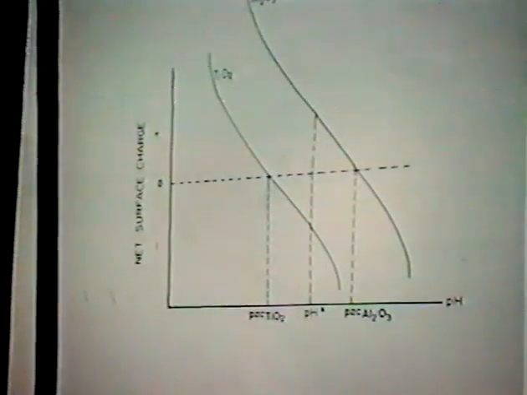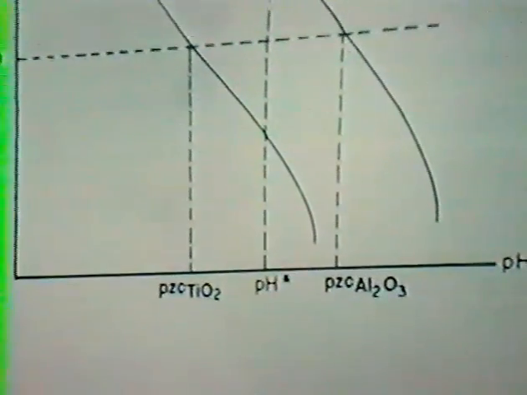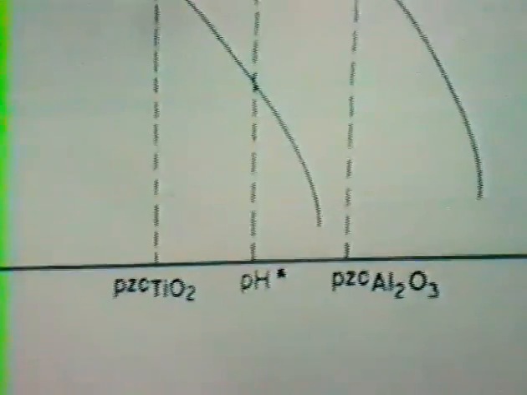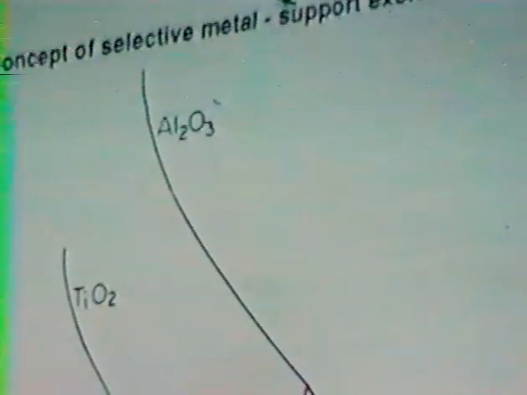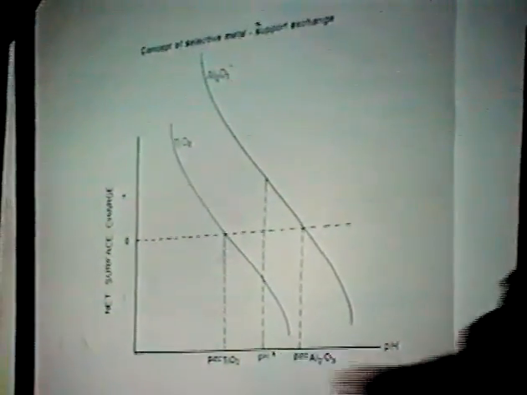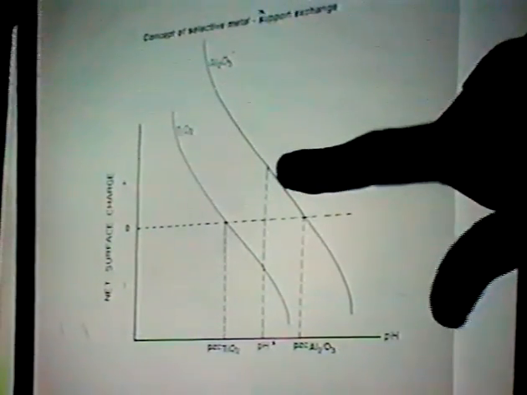Well, now that at least brings me up to the point where I can tell you what SMSE is. Now conceptually, since each of the oxide phases acts, if you will, independently in the aqueous phase, then we can imagine a situation whereby adjusting the pH of an impregnating solution to some particular pH star, the surface of titania, for example, would be a good cation exchanger, whereas the surface of alumina would be a good anion exchanger.